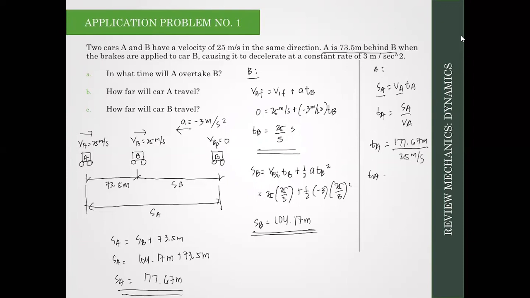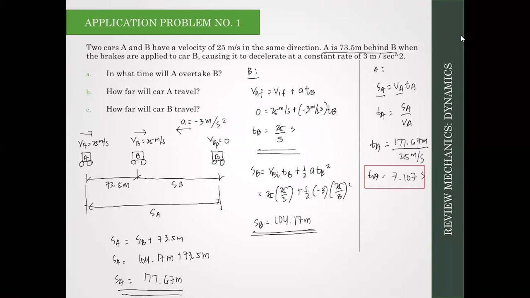So, upon calculating 177.67 divided by 25, we will have a value of 7.107 seconds. Okay? So, this will be the time it takes for A to overtake B. So, this is our answer for letter A.